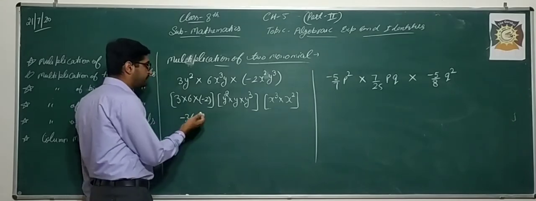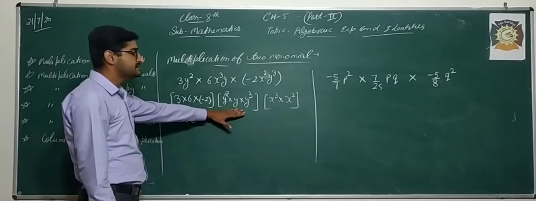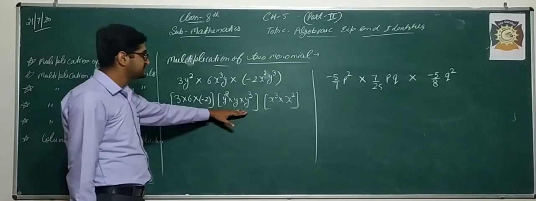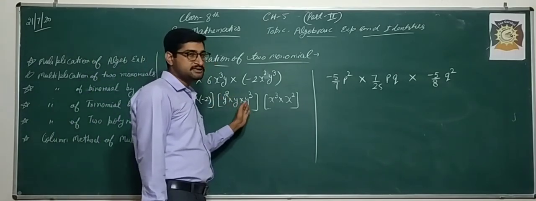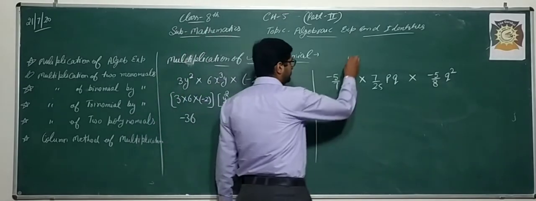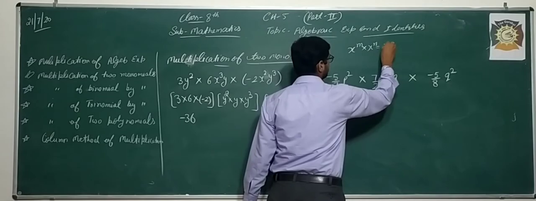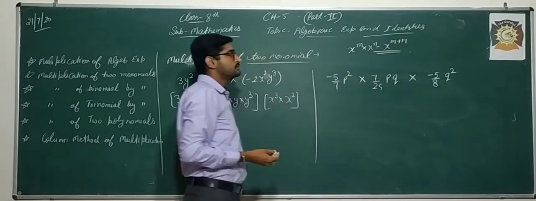This is the product of simple numerical values. And when we multiply these terms, it's according to the rule that if x is some variable and m and n are positive integers, then x power m into x power n is equal to x power m plus n. This is according to this rule.